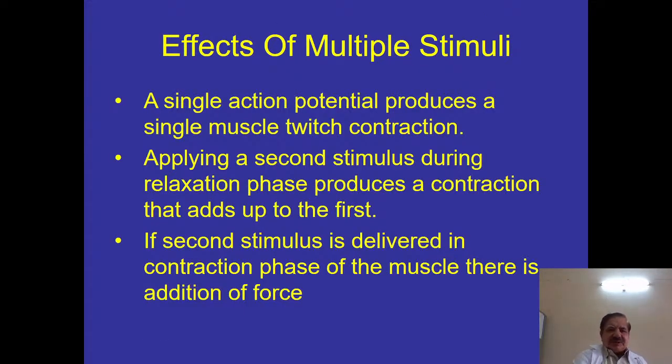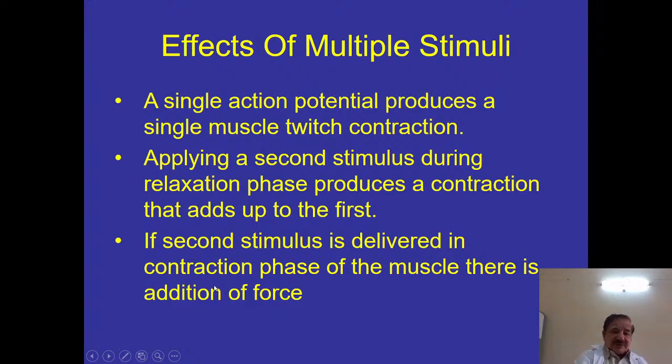Effect of multiple stimuli. A single action potential produces a single muscle twitch, that is contraction. Applying a second stimulus during the relaxation phase produces a contraction that adds up to the first. As I have told you, if the second stimulus is delivered in the contraction phase of the muscle, there is addition of force.